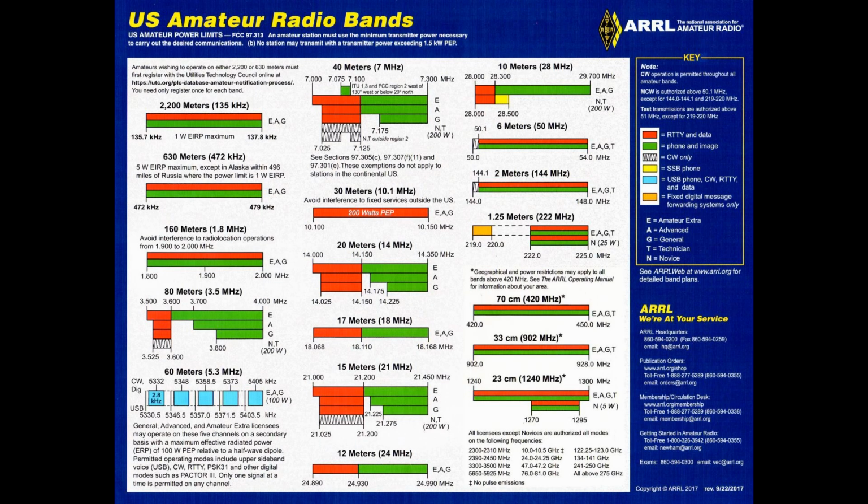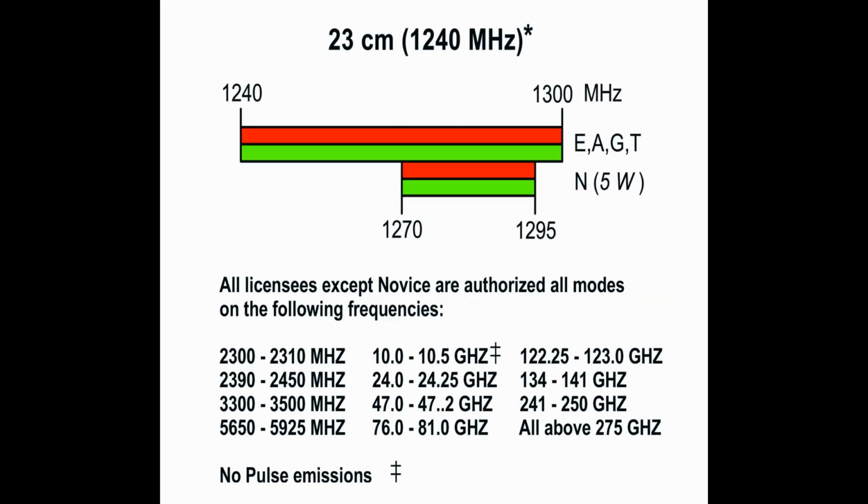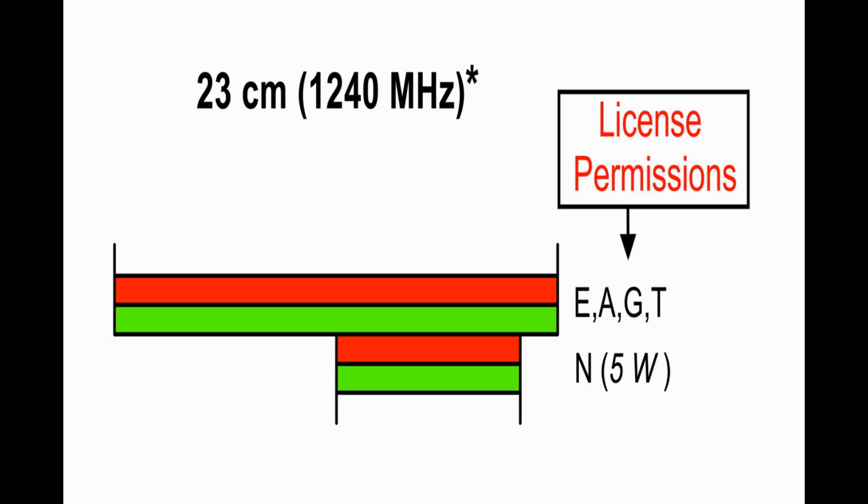When looking at the band plan, notice that there are 3 columns of frequency bands. Go to the bottom right corner of the white square and locate the 23 centimeters band. Below the 23 centimeters frequency band is a listing of frequencies available to everyone except the novice class license. Looking at the 23 centimeters frequency band, the license permissions are listed on the right side of the frequency band shown.